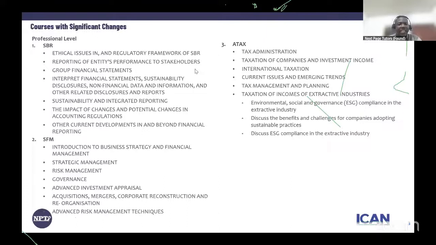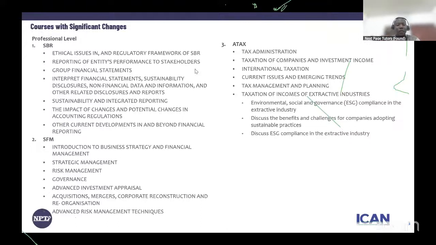Then at SFM level, they completely scrapped CSME, but some of the content of CSME was moved down to SFM. For instance, the first chapter, Introduction to Business Strategy and Financial Management.